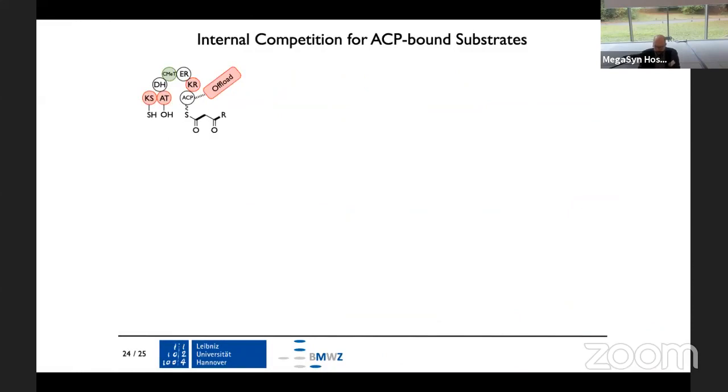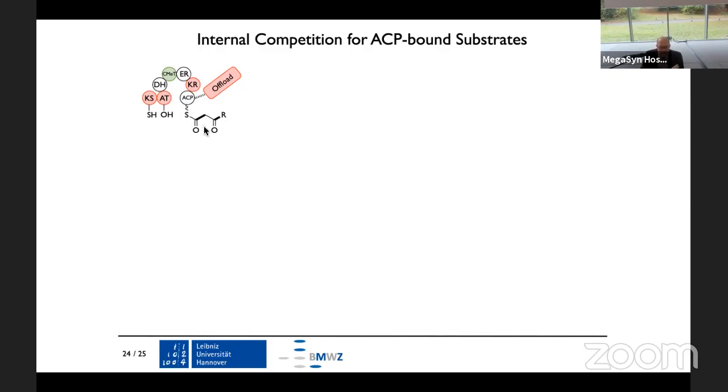All right, so putting all of this information together, this is a mechanism by which we think the program may well be enacted in these iterative systems. And what we're going to think about is what happens at this ACP-bound stage. So particularly at this beta-dicarbonyl stage, where the substrate has just been extended by the KS, and now it's waiting on the ACP.